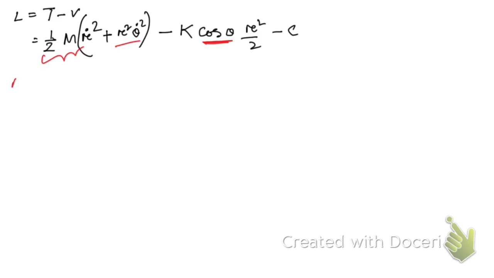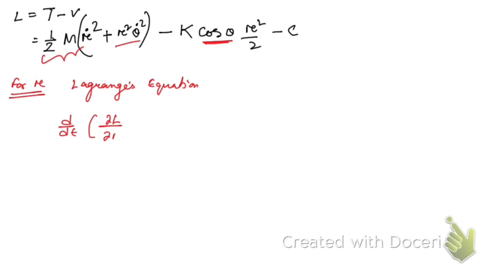Now for the radius r, the Lagrange equation can be written in this way: d/dt of del L by del r dot minus del L by del r is equal to 0. So that's how we're going to write the equation.